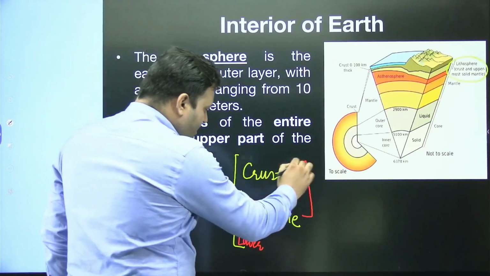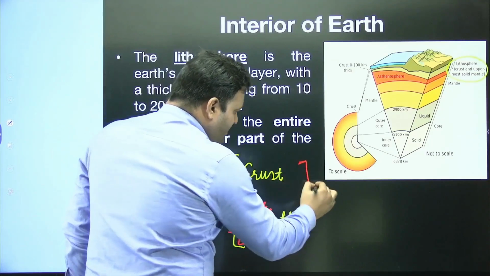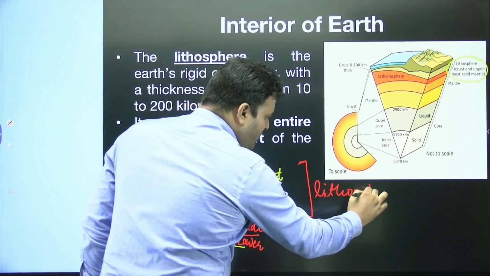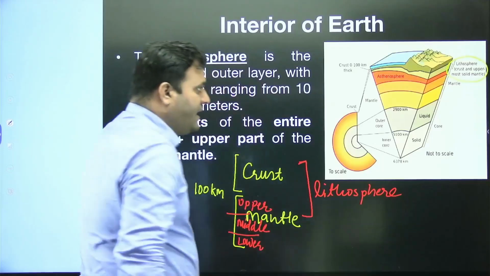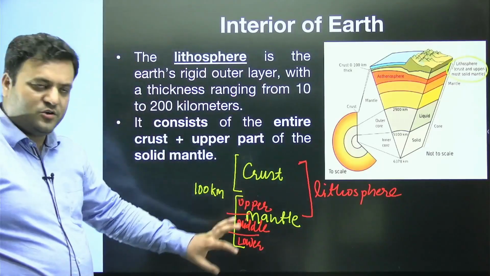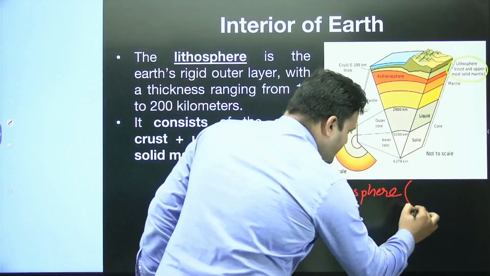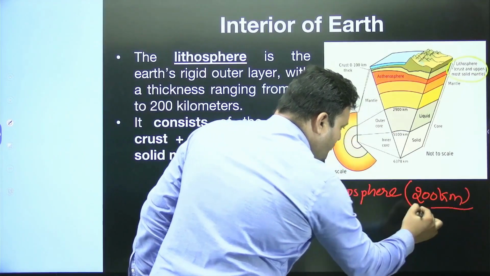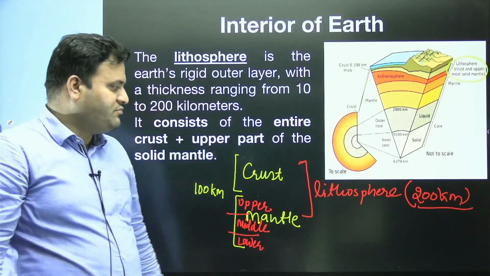So the crust and upper mantle part is known as the lithosphere. The depth of lithosphere is up to 200 kilometers. At that depth you will see lithosphere.